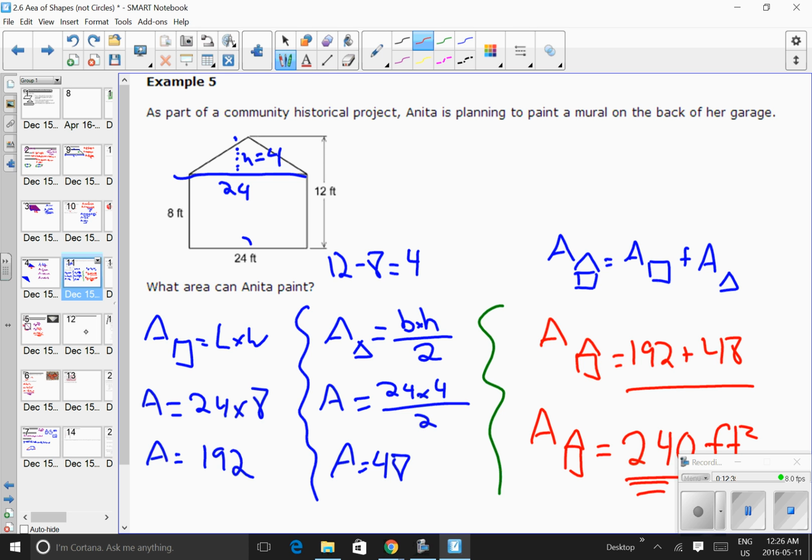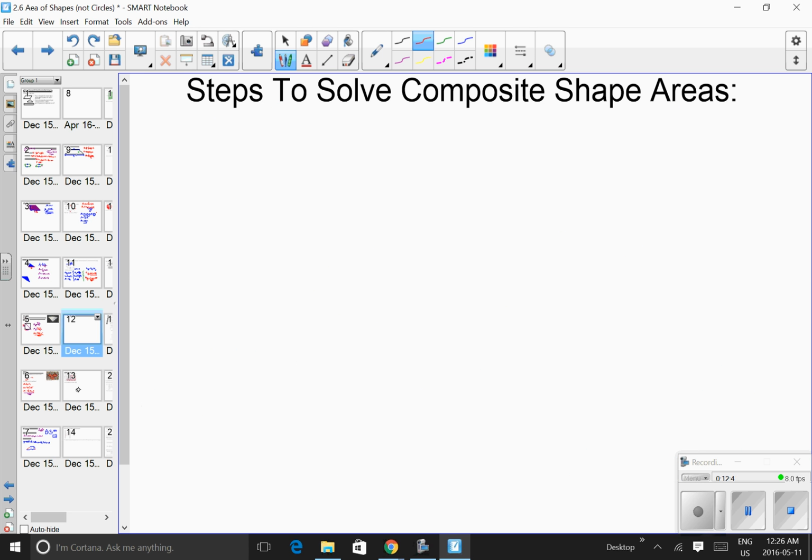Alrighty. So now you've got a bunch. I'm just going to do one slide on steps on how to solve a composite shape area. So when in doubt, you can jump back to these. 1. Identify which shapes you have. 2.